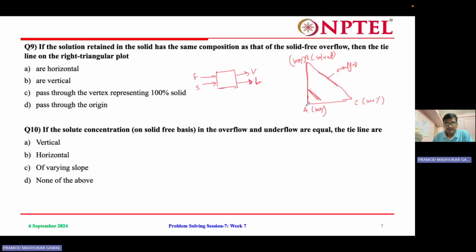So here is a tie line, after attaining equilibrium. It passes through the vertex of the solid. So option C is correct: it passes through the vertex representing the 100% solid.